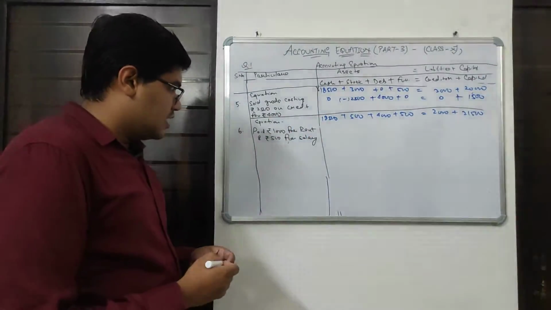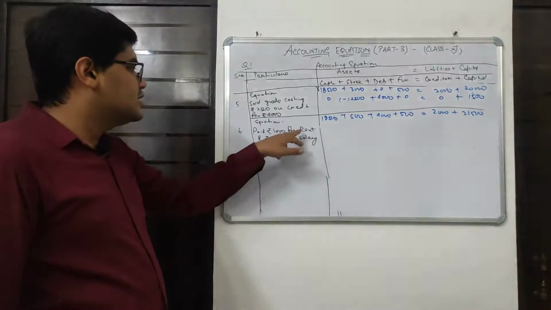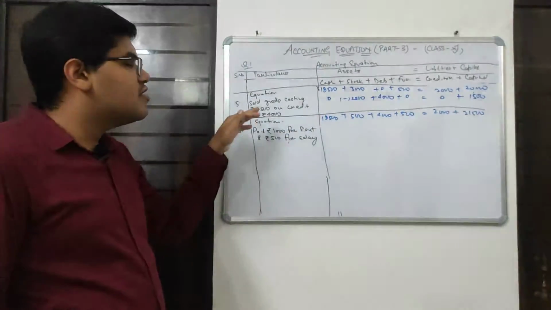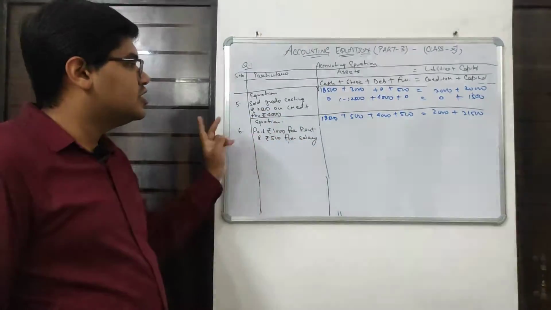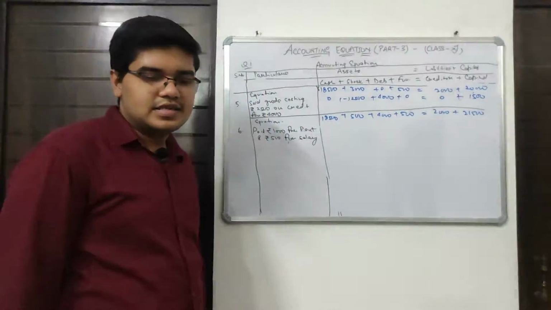This is a new transaction. Since rent and salary both are expenses, and whenever we make the payment of expenses, it leads to a loss which will reduce the cash and capital both. You have to remember only this thing.